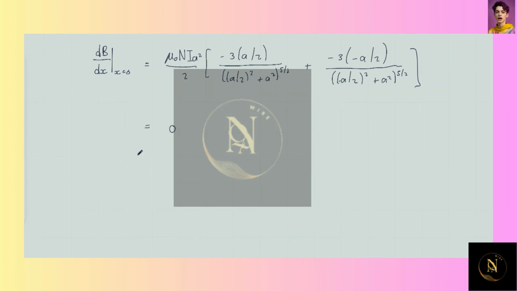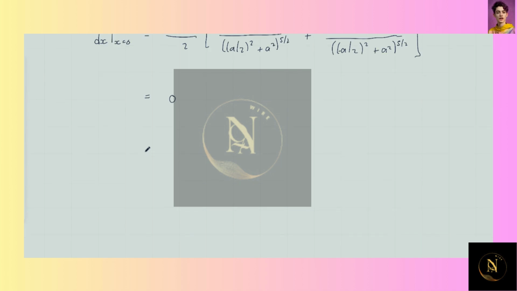Now we need to do the same for the second derivative, d2B/dx squared. We'll take the derivative of the expression for dB/dx once more with respect to x, and then evaluate that at x equal to 0.